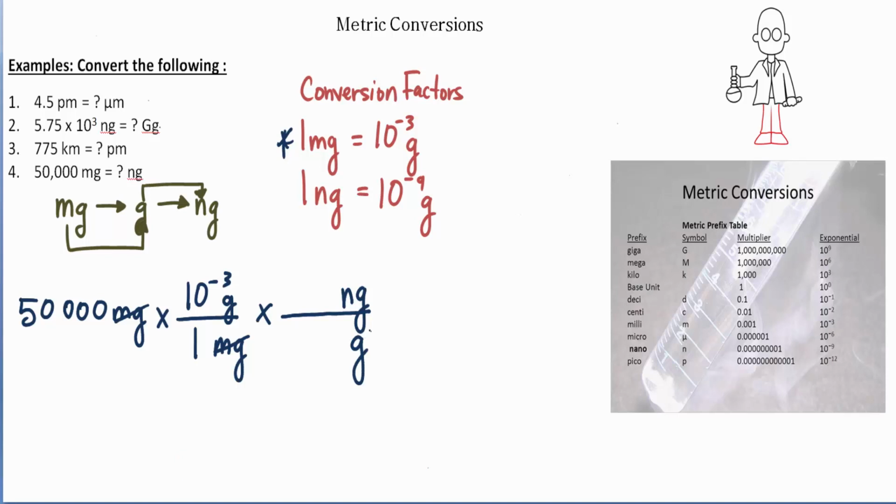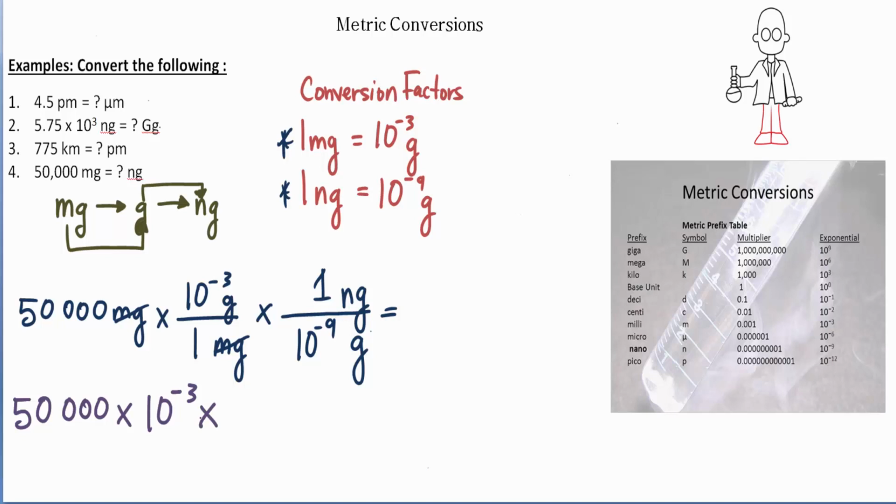So, strictly from our conversion factors here, in 1 nanogram, I have 10 to the minus 9 grams. Now, I'm going to write this below. We would have 50,000 times 10 to the minus 3.